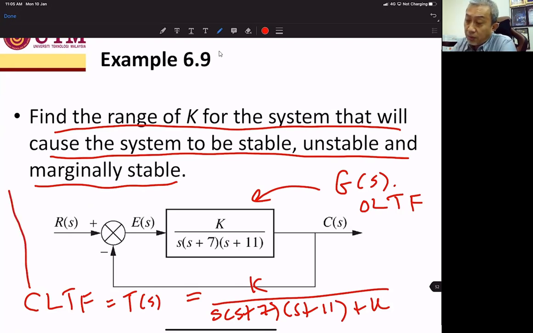From the closed loop transfer function, we can obtain the characteristic equation.